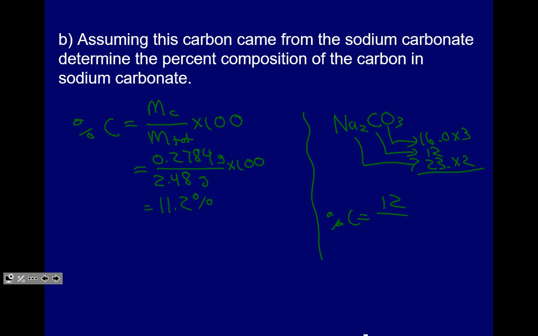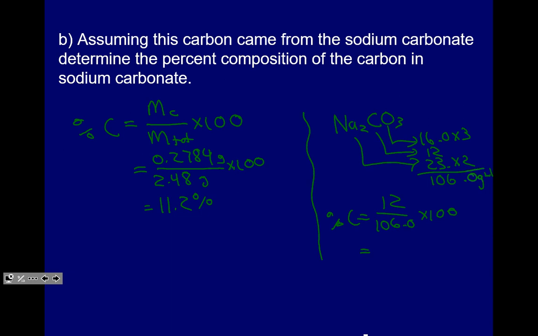And ideally, when we do our experiment on Monday, we get numbers that are close. What is that molar mass of the sodium carbonate? Has somebody run that through a calculator yet? Yeah, Ryan, what do you got? Sorry? 106? 106.0 grams per mole. 12 divided by 106.